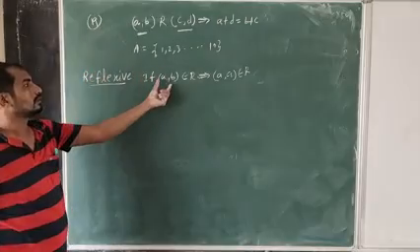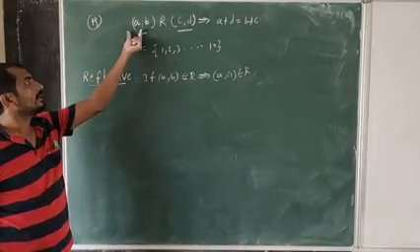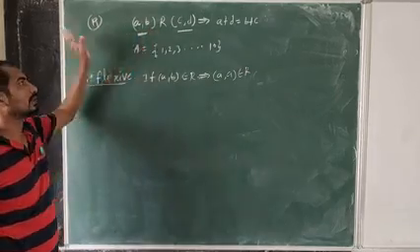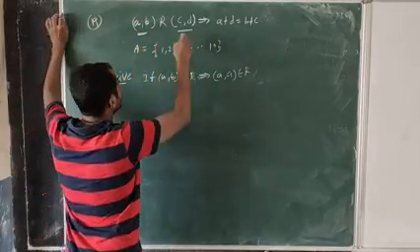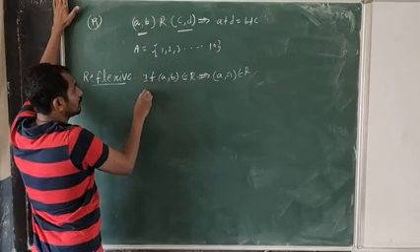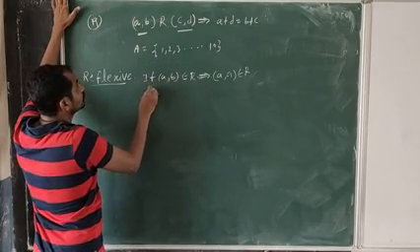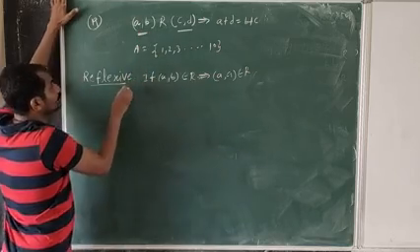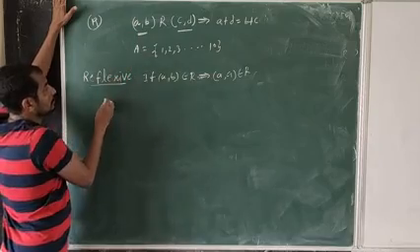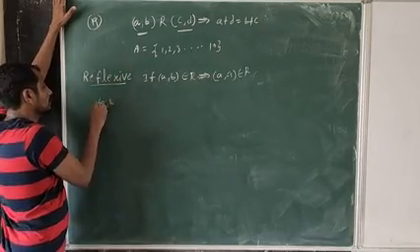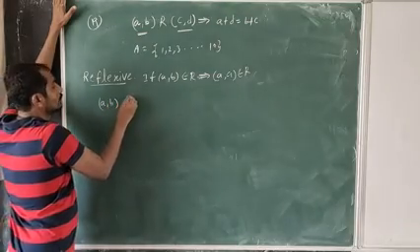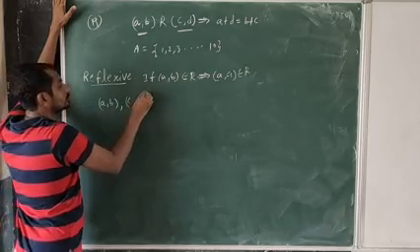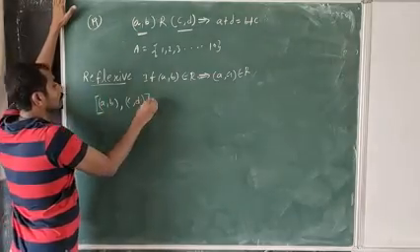But here, (A, B) relation (C, D). That means here, it is given like this and like this. (A, B) belongs to R, as (A, B) and (C, D) belong to R.